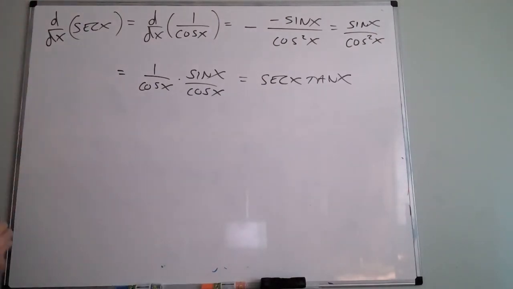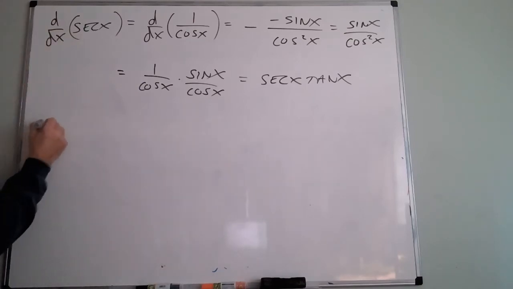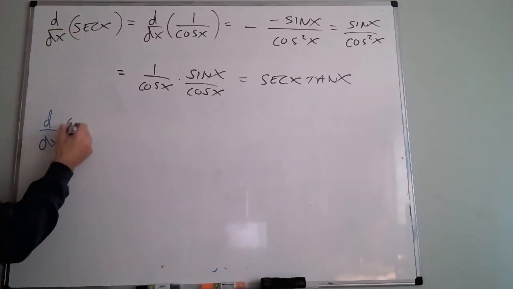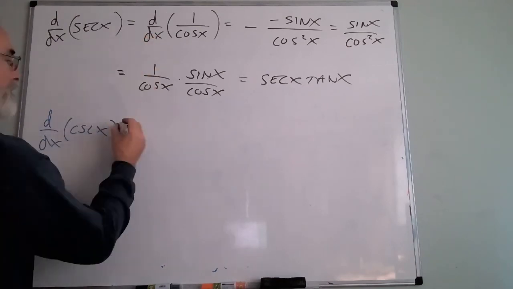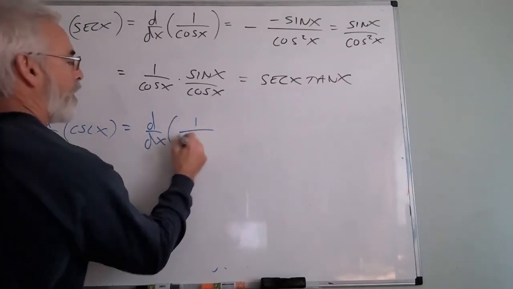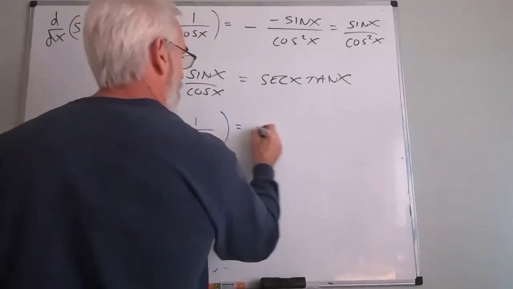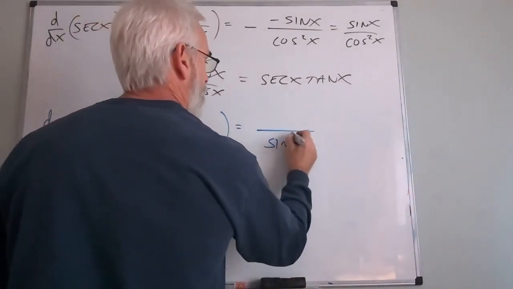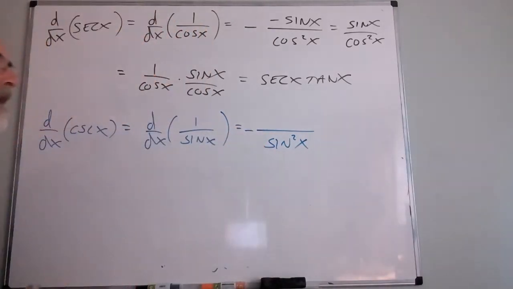Now let's similarly, in a different color, of course, let's do the derivative of the cosecant function. Okay, well, using this model here, that's the derivative of 1 over the sine function. And using the model that we just established, let's see. Well, I know my denominator is going to be sine squared. My numerator is going to be negative the derivative of sine.